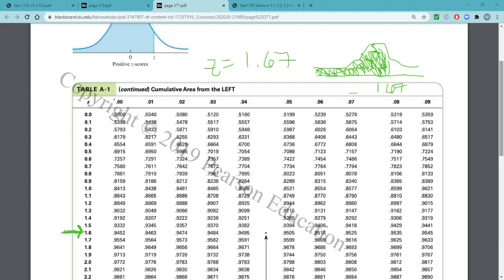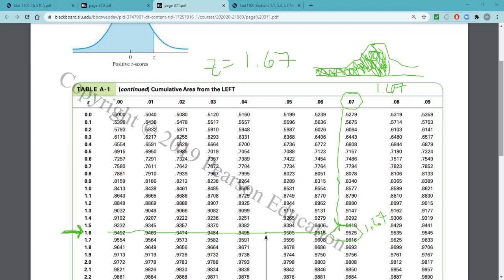And then I want to find our last digit here of the 7. And I'm going to go down and across until I get a value that gives us 1.67.